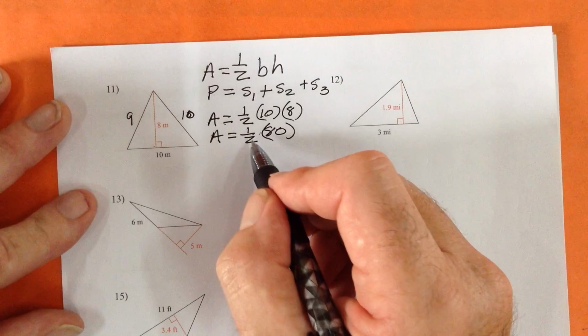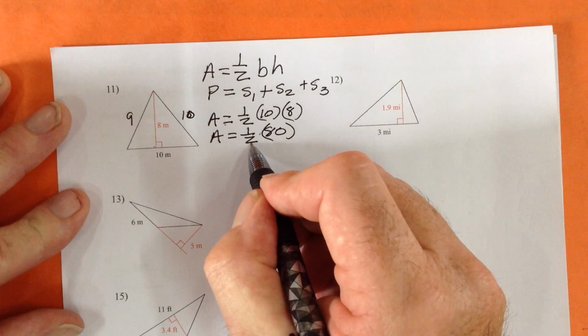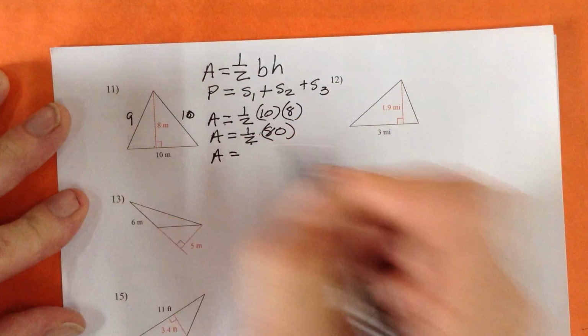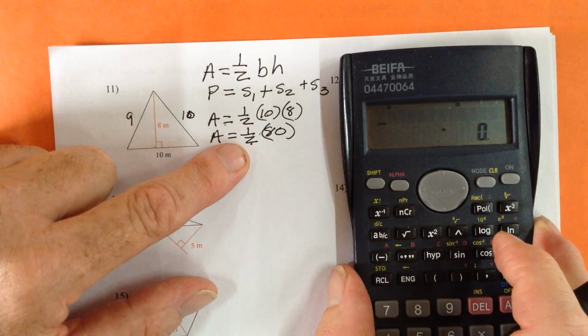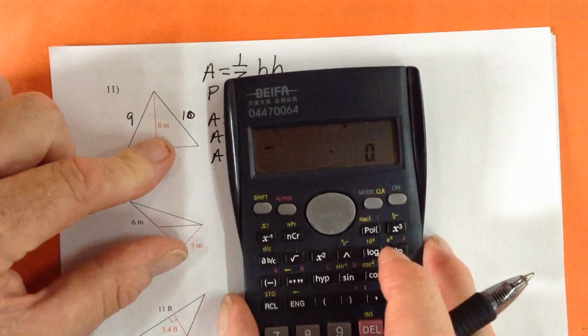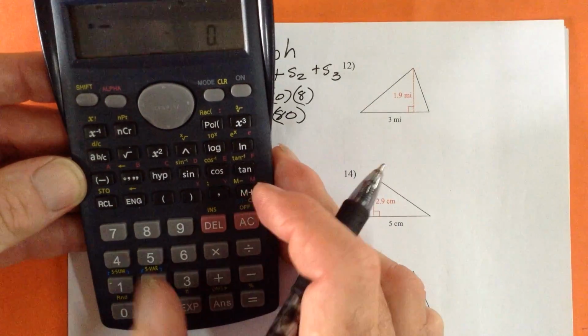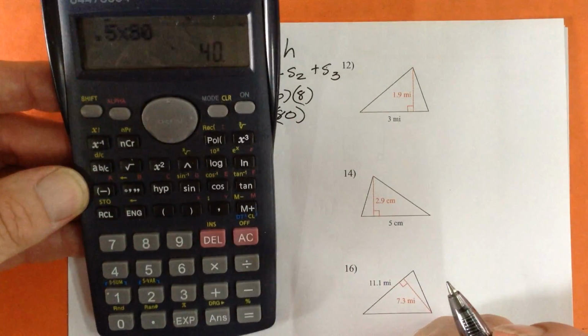times 1/2, or 0.5 you can do, or times 1 divided by 2. So there's several ways you can do it. On the calculator, 1/2 is the same as 0.5. So I can go 0.5 times 80, and that'll equal 40.